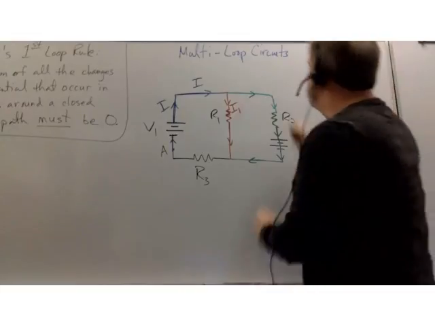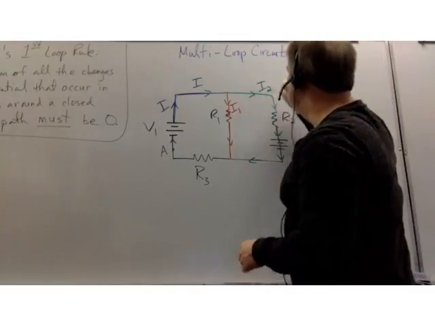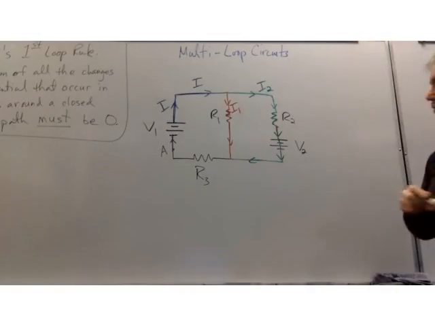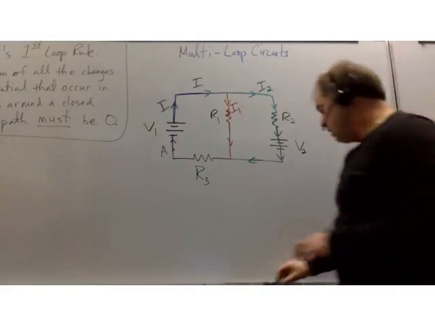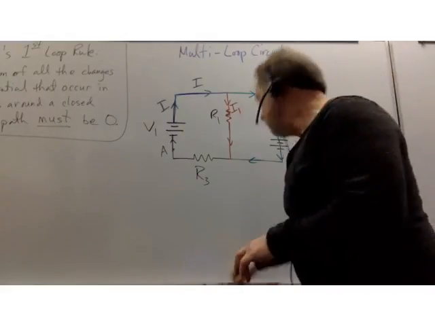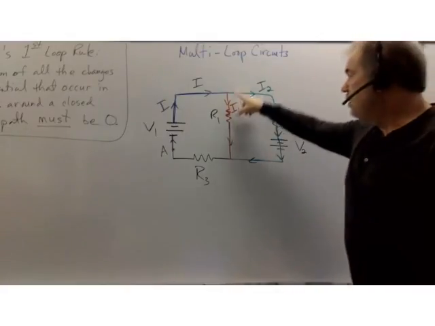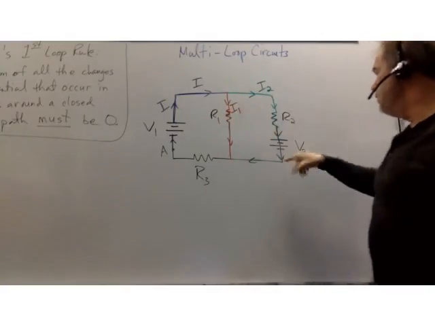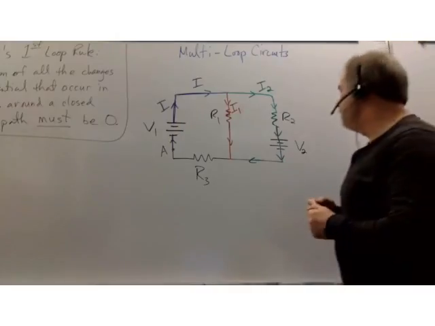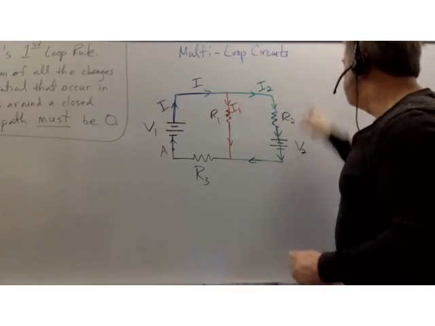And the other current I will label I2, arbitrary labels. And there's something else going on, which I'll tell you in a moment. But first, I1 flows this way, I2 flows outwardly on the outside loop.